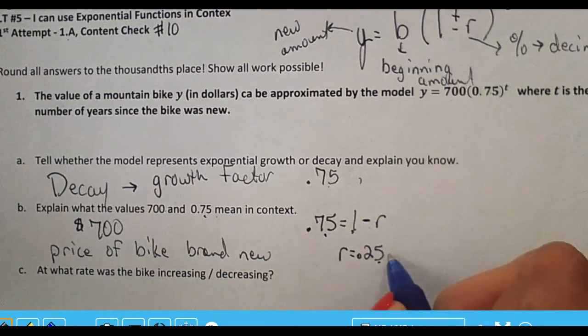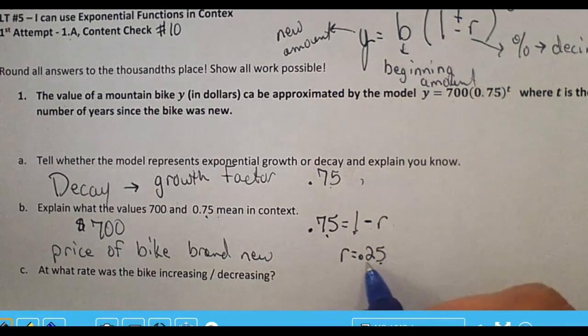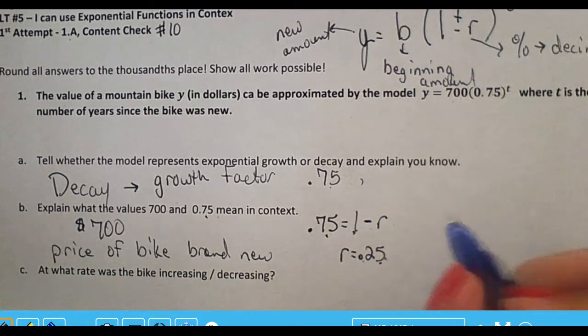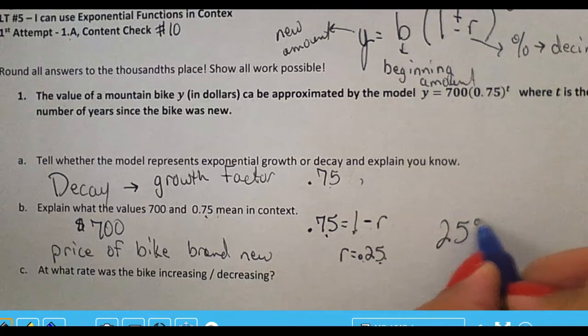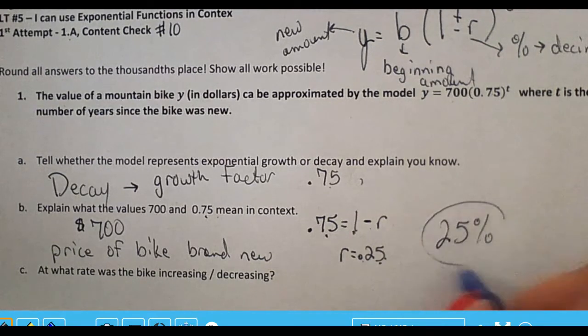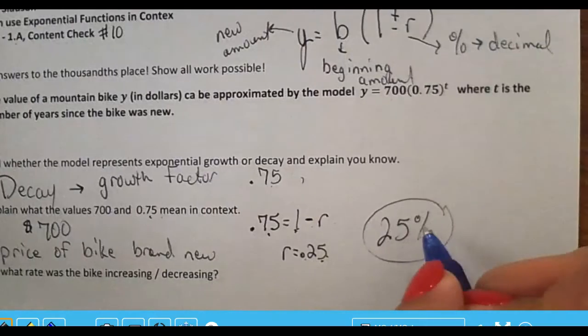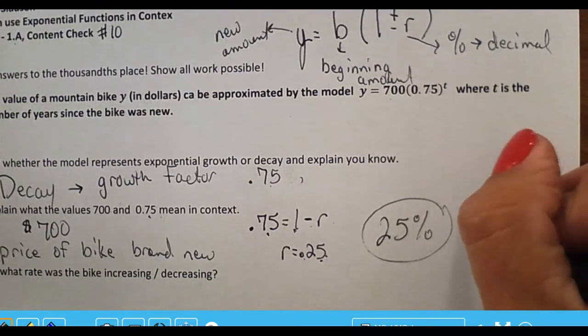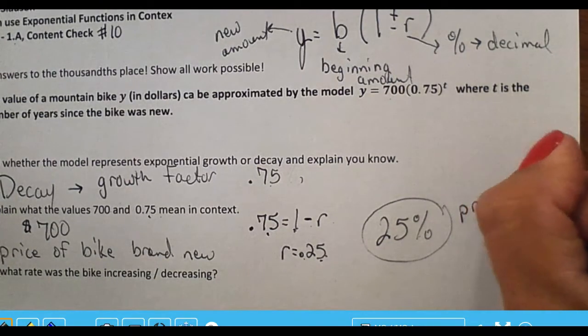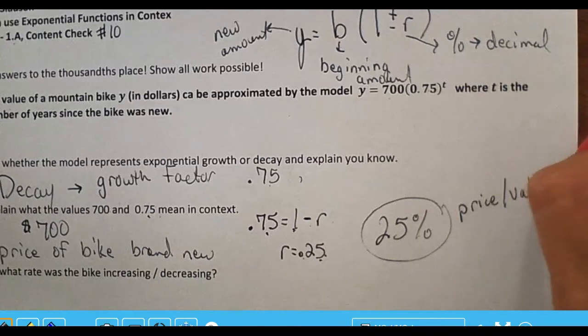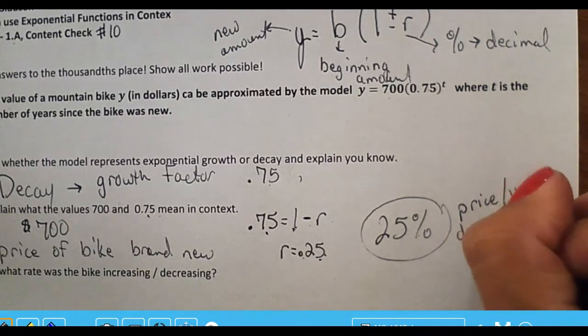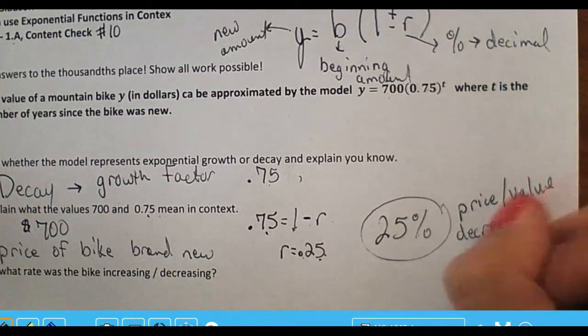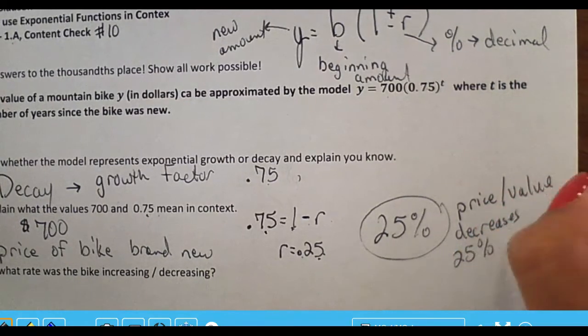What I'll want to do is turn this back into a percent. One way to do that is move the decimal two places to the right, or just take this on my calculator times 100. And then this is what I'm looking for, what this number means. This number means that the value decreases 25% every year.